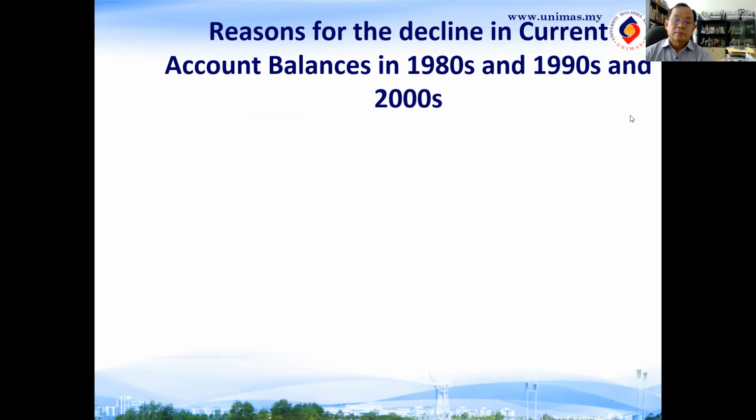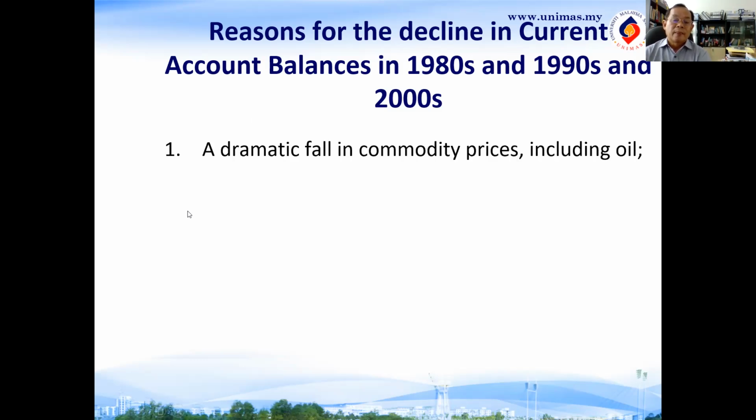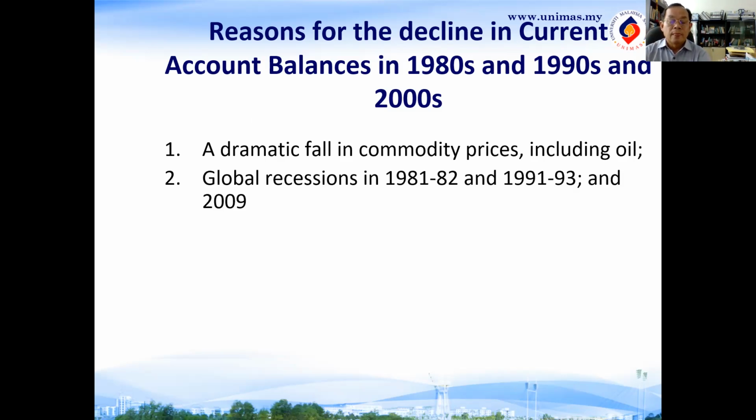Now, some of the reasons for the decline in the current account balances in 1980s and 1990s and also 2000s. Some of those can be traced back to the fall ataupun penurunan, ya, commodity prices, harga komoditi termasuk minyak mentah, including oil.